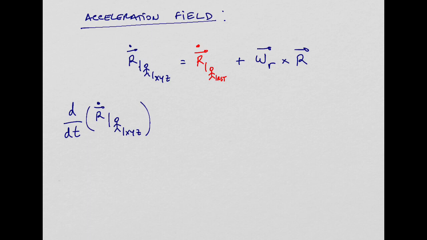What I have to do is derive in order to time everything I have on the right-hand side. And everything I have is this thing here. I can copy and paste. Okay?